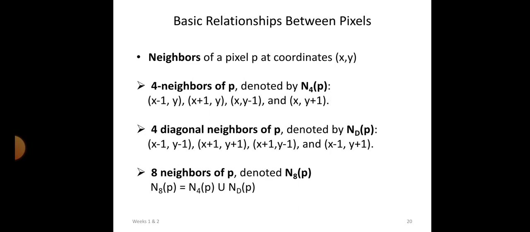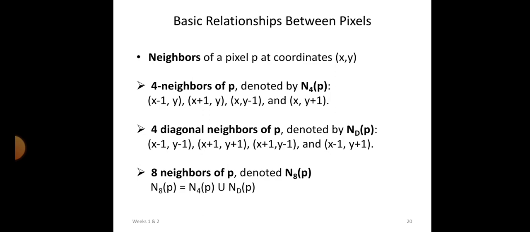A neighbor means a neighbor of the pixel at coordinate x and y. The 4 neighbors of p are denoted by N4 of p, that means x minus 1 comma y, x plus 1 comma y, x comma y minus 1, and x comma y plus 1. The next relation is the 4 diagonal neighbors of p, denoted by ND of p, where D denotes diagonal neighbor.